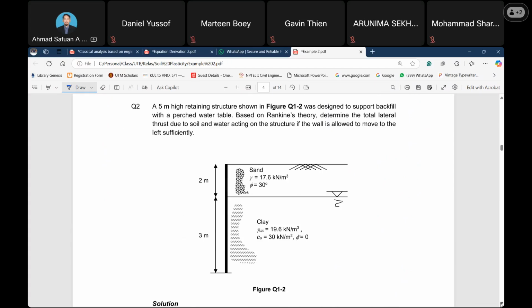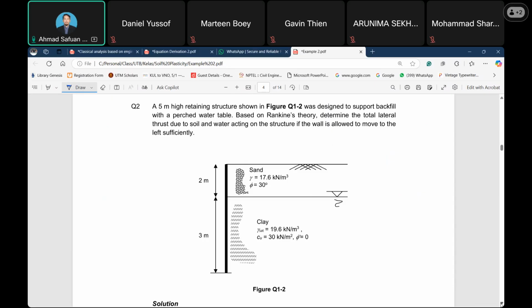Okay, so now we look at example number 2. A 5-meter high retaining structure shown in figure Q1(2) was designed to support backfill with a perched water table.